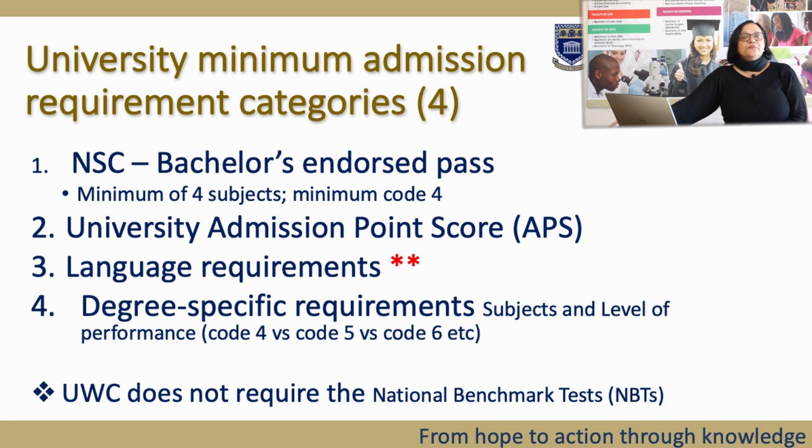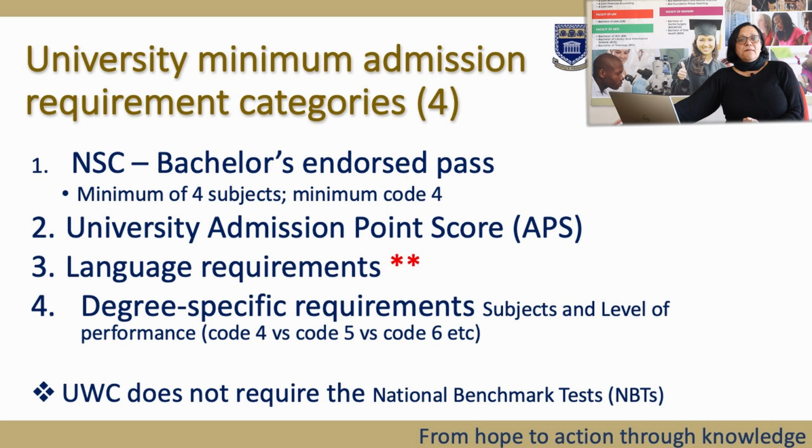So, for example, if you want to study the BSc Computer Science, you need to meet all the requirements I've spoken of, 1, 2, 3 above. And then that degree requires that you have pure maths, a minimum level 5. And then you also need to have either physical sciences and life sciences or information technology.